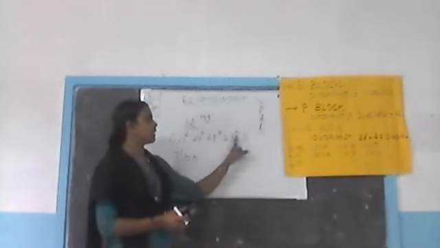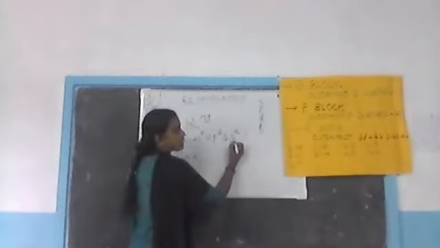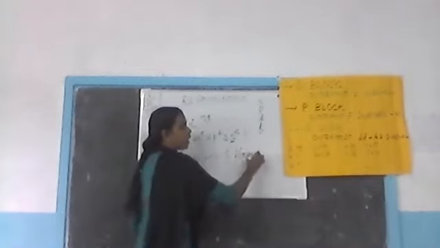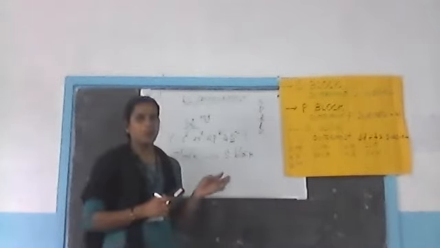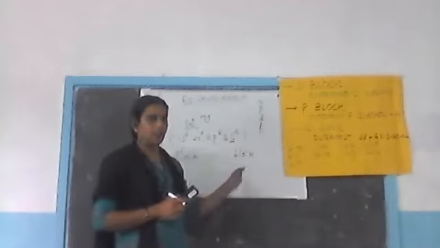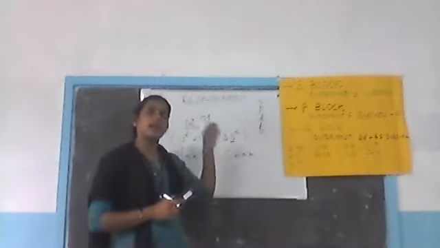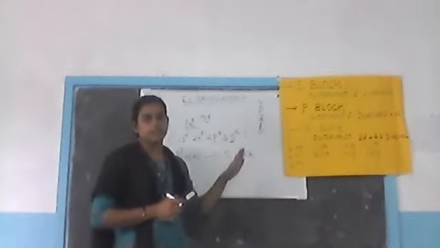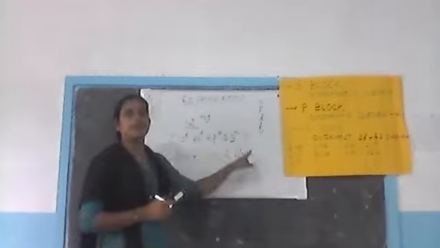So the last electron is added in the S subshell. So this subshell is known as the block. So magnesium belongs to the S block element. That is, for finding the block, the subshell in which the last electron is added is known as the block. So here magnesium belongs to the S block element.